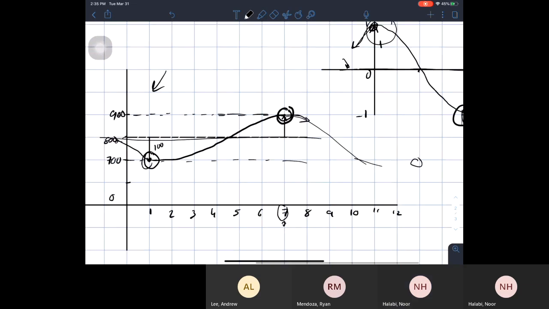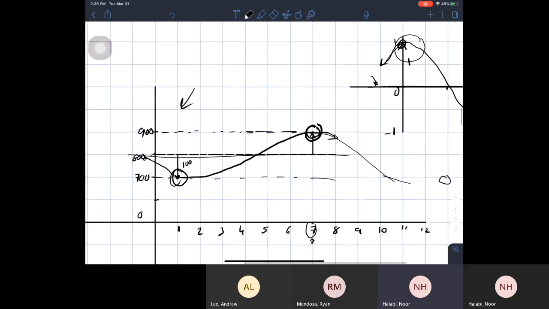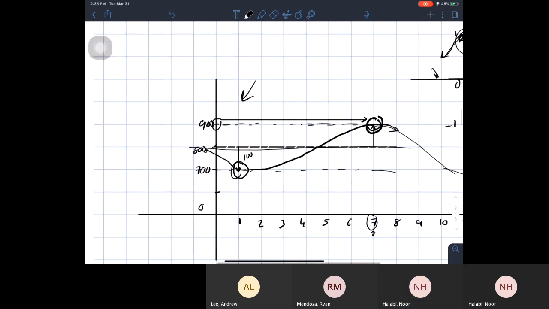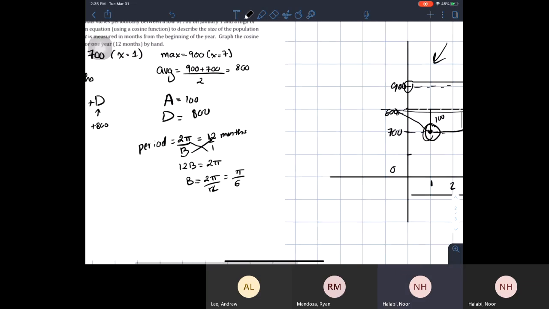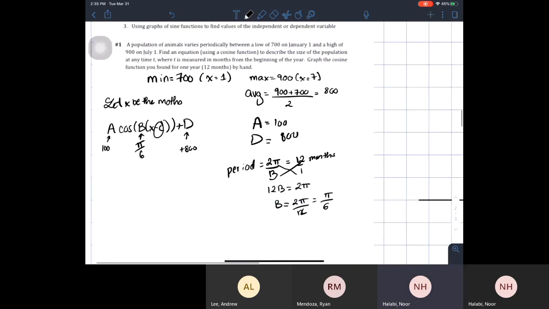So I keep looking until I reach my first maximum, which happened to be the 7th month. That means instead of starting it from here, I started it from here. So I shifted it a total of 7 units to the right. So that means my C has to equal 7.